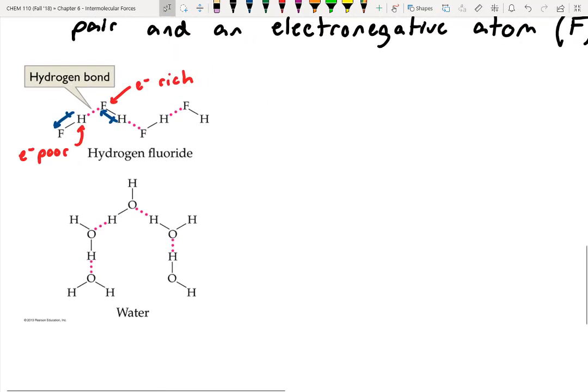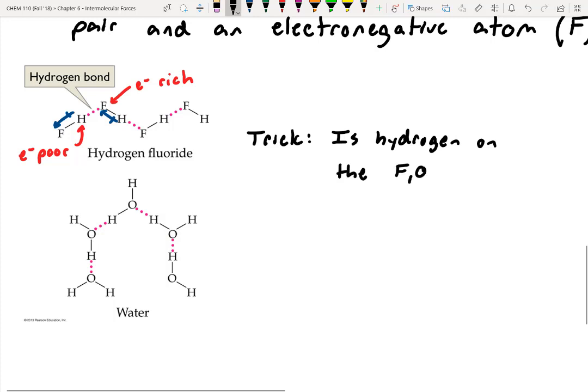So like I said, there's a really simple trick that I use. And that is to ask yourself, is hydrogen on the phone? Meaning fluorine, oxygen, or nitrogen.